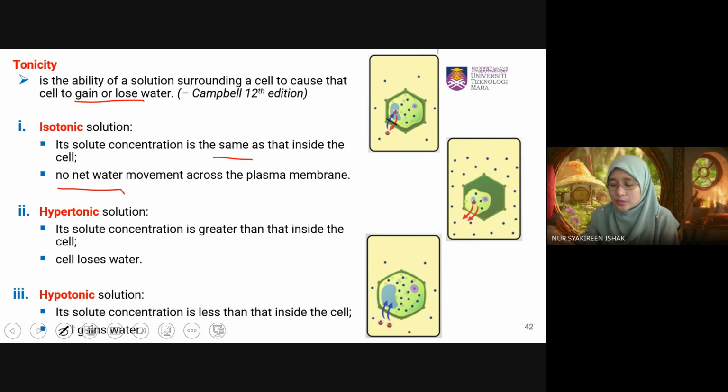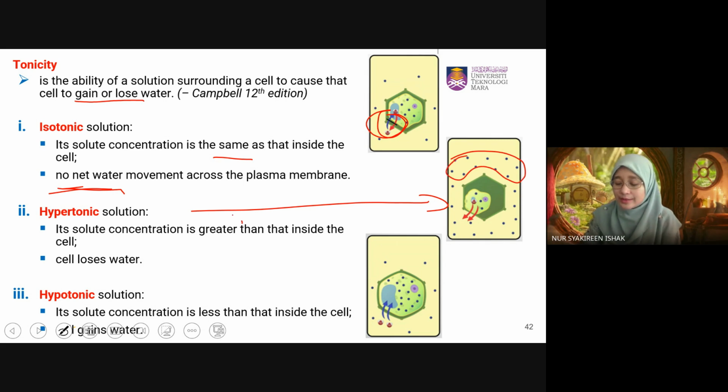The movement of water in and out of the cell is at an equal rate, so the definition of the term is no net movement of water. The next solution is the hypertonic solution. Its solute concentration outside is greater or higher than inside of the cell.